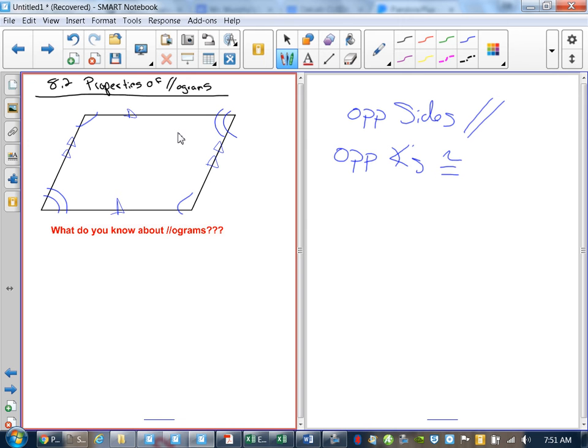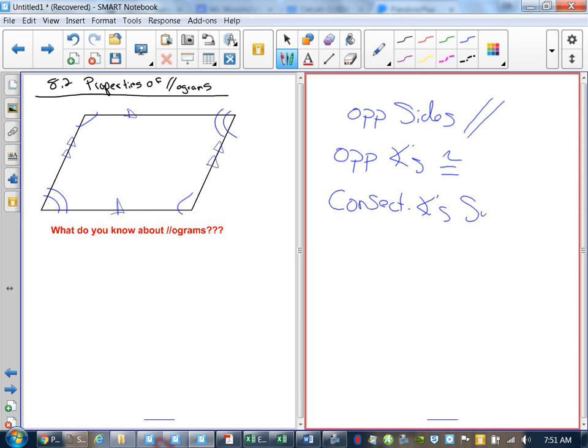And then we also said consecutive angles are supplementary, which means they add up to 180. So whether you're going top to bottom or left to right, each angle that's next to each other will always add up to equaling 180. Excuse me. And then the other one about sides.